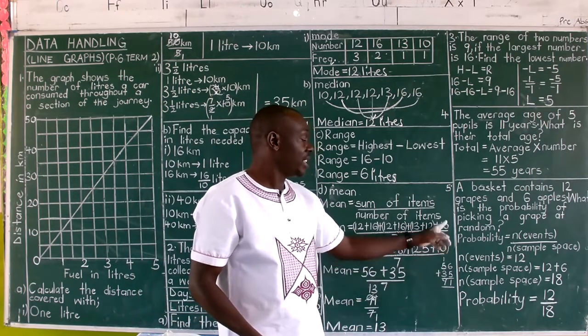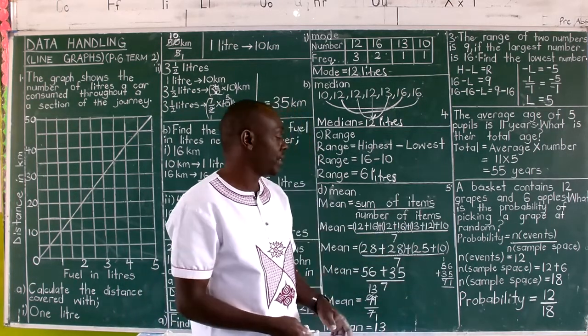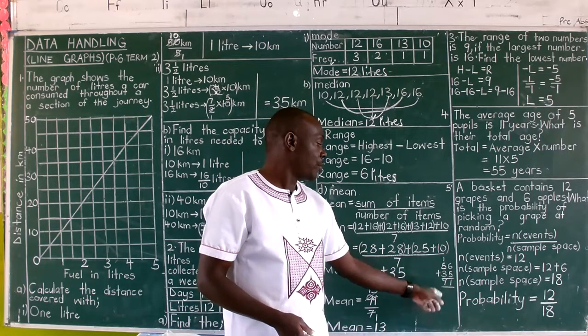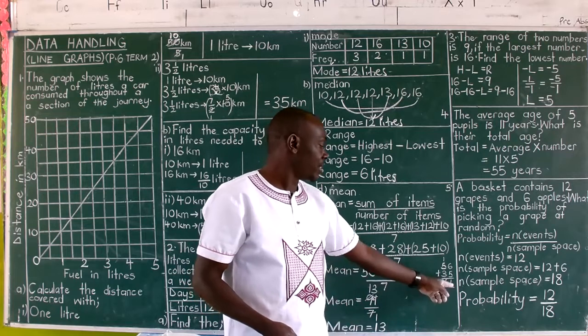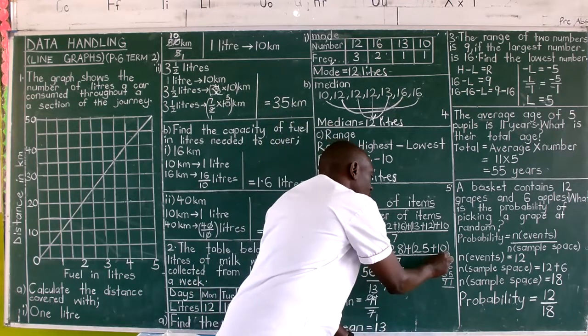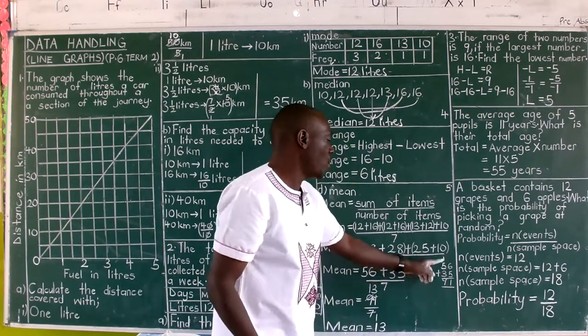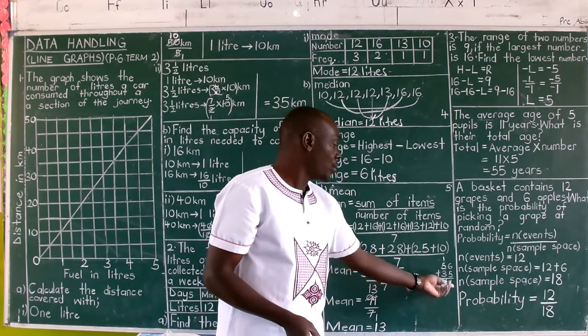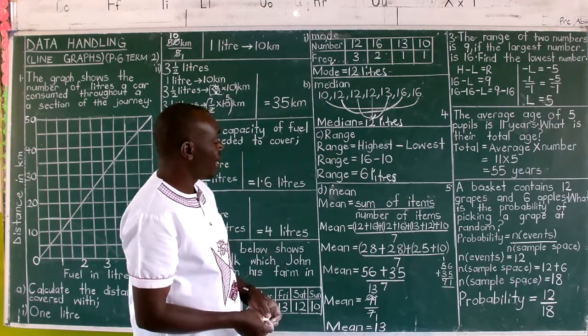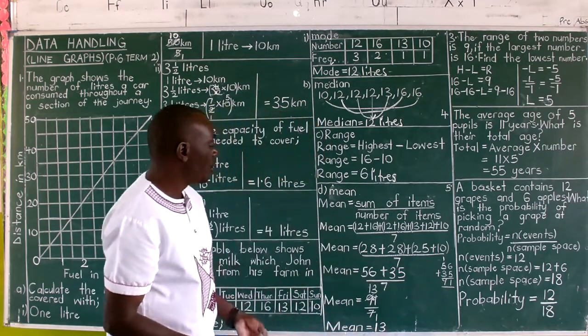Align them vertically, that is in their corresponding place values of 1s and 10s. That's 6 plus 5 you get 11. Write 1, carry 1. Then 1 plus 5, you get 6. 6 plus 3 you get 9. So the sum of the data or sum of items is 91.